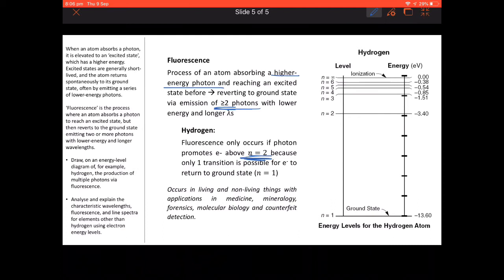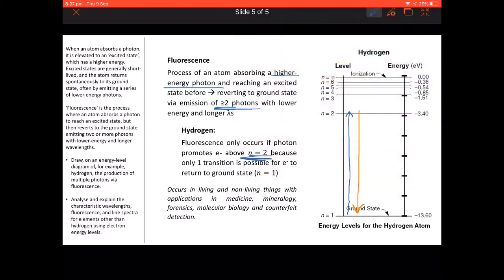So if you imagine hydrogen absorbing a photon and raising up to n equals 2, the only possible way for this electron to return back to the ground state is by the exact same path. And so a photon with the exact same energy and frequency and wavelength is going to be emitted.